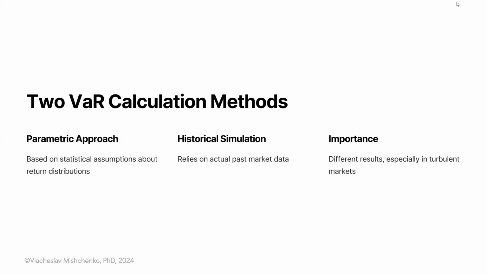The parametric approach is based on statistical assumptions about the distribution of returns, while historical simulation relies on actual past data. It is crucial to understand both methods because they can yield different results, especially in turbulent market conditions. There is another method called Monte Carlo simulation, which we will go through after this topic.